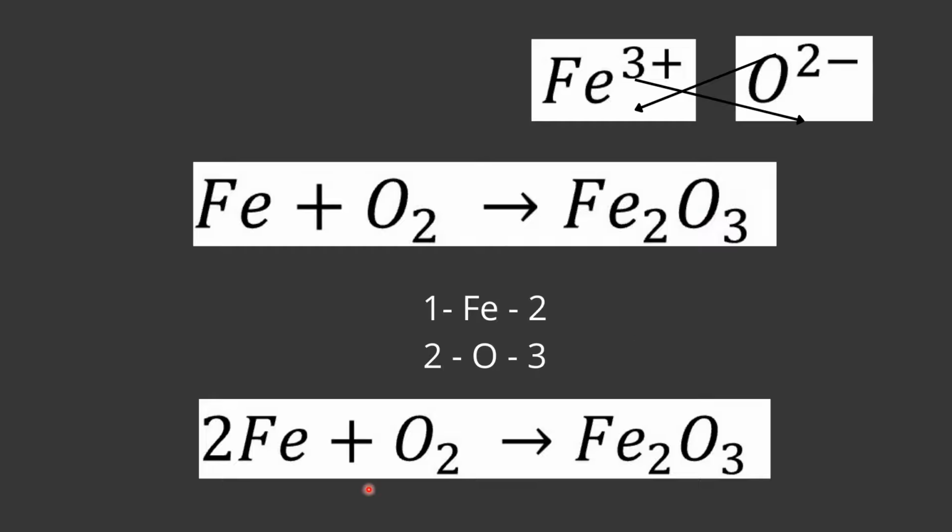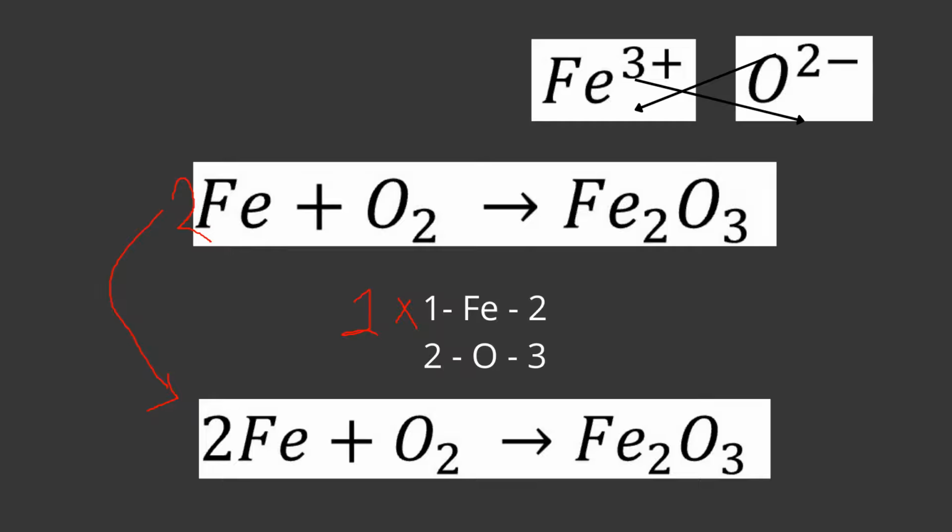So what do we need to do? We need to balance by putting coefficients somewhere. Let me first start by balancing the number of irons. To do that, I can just multiply by 2, right? I'll put 2 over there, and this is what you will get: 2Fe + O2 → Fe2O3.